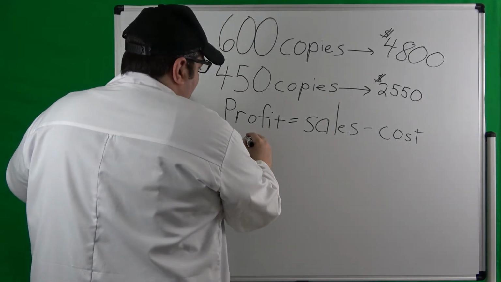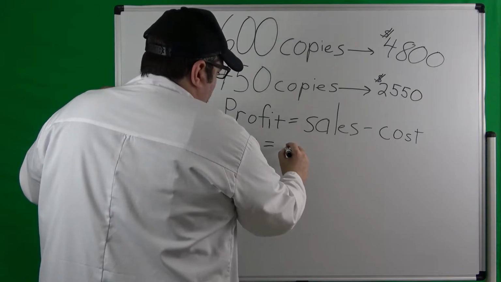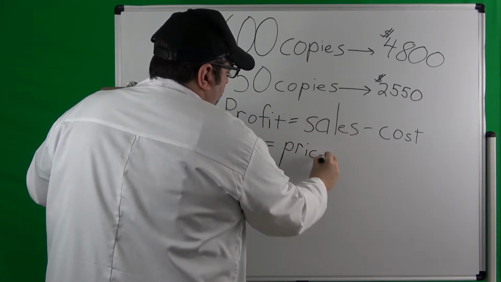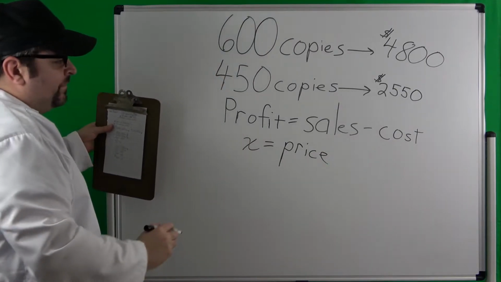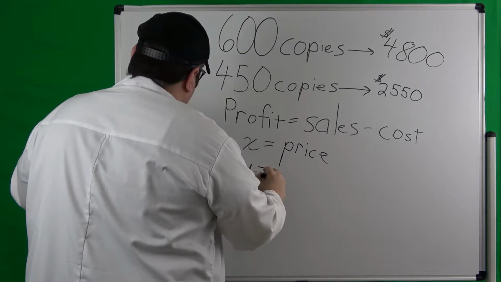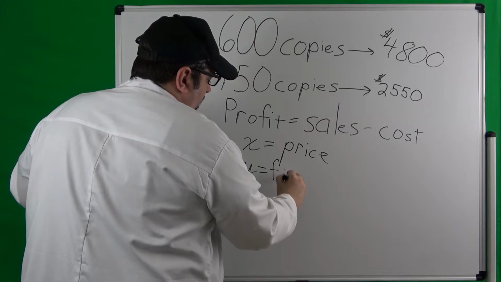So we're going to let X equal the price of the magazines, and we'll let Y equal that fixed cost.